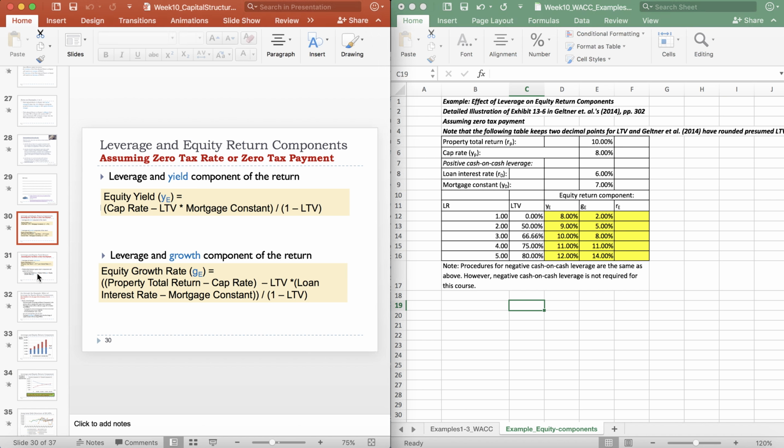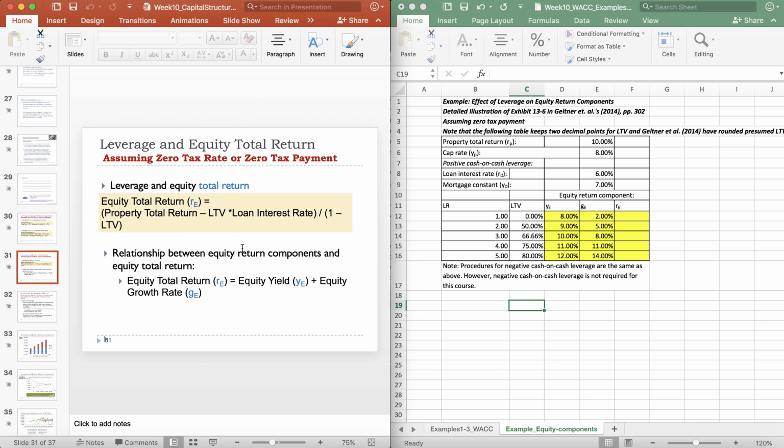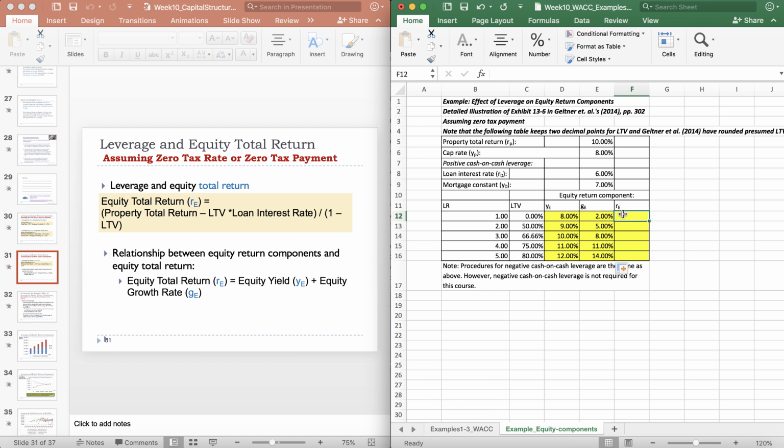Or alternatively, you can apply the formula in the lecture slide: the equity total return equals property total return minus the cost on the debt part, then normalized by 1 minus loan-to-value ratio. You will get exactly the same answer as if you sum up equity yield plus equity growth component.